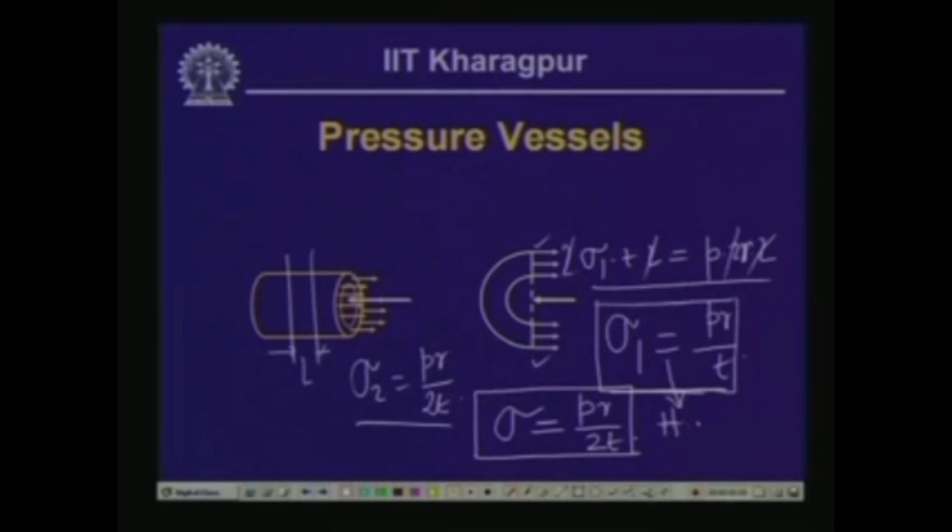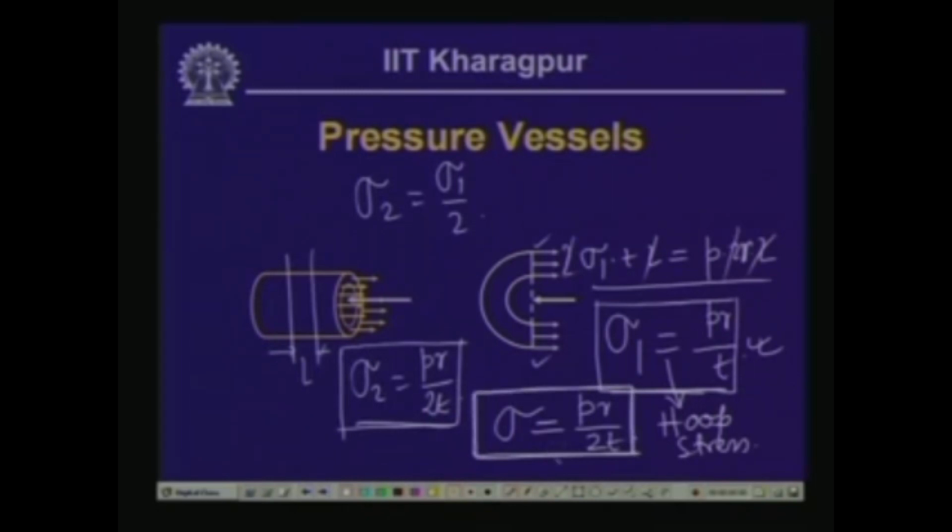This is the circumferential stress or the hoop stress, which is equal to P r by T, and the longitudinal stress is P r by 2T, which is half of this sigma. So, sigma 2, as we have seen last time, is equal to sigma 1 by 2, and the stress in case of spherical vessel is equal to P r by twice T, which is again half of sigma 1.